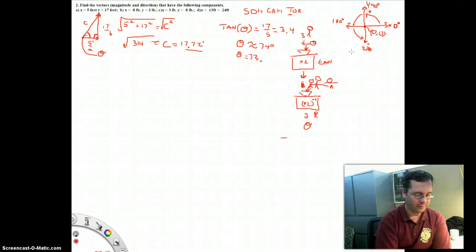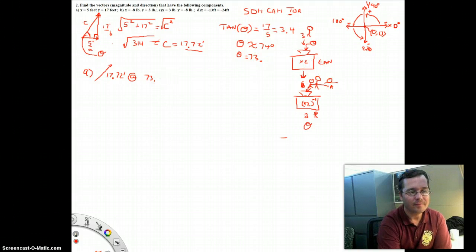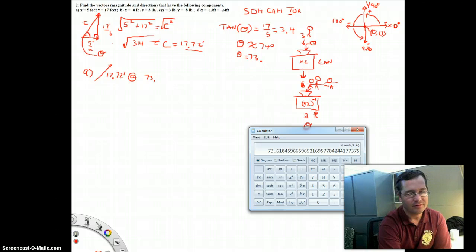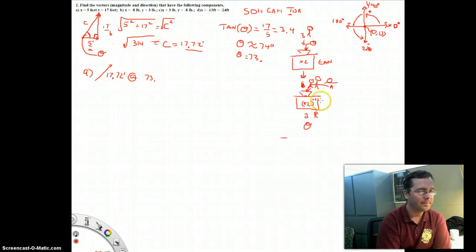So the answer to the first question here is that for A, the vector has a length of 17.72 feet, and it's at the angle relative to 0 in the Cartesian plane, 73 and change degrees, 73.61 degrees. And that would be the solution to problem 1.